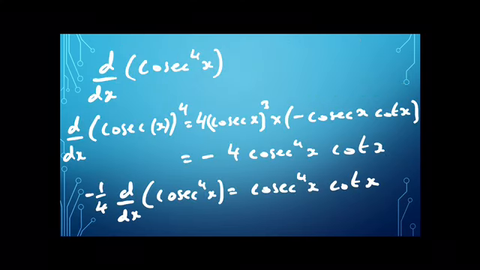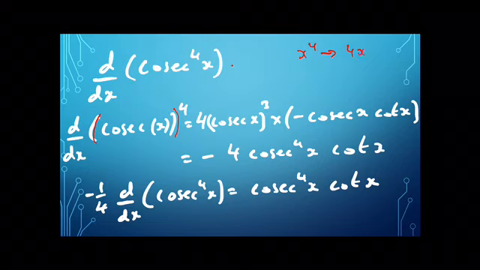Now when we differentiate cosec x to the power of 4, remembering that when we differentiate x to the 4 we get 4x cubed, well, this is what we've got here.